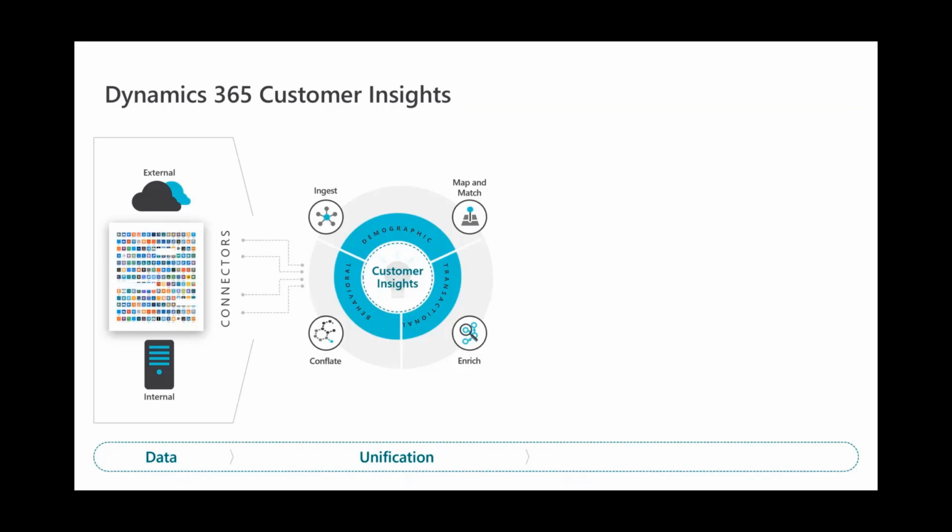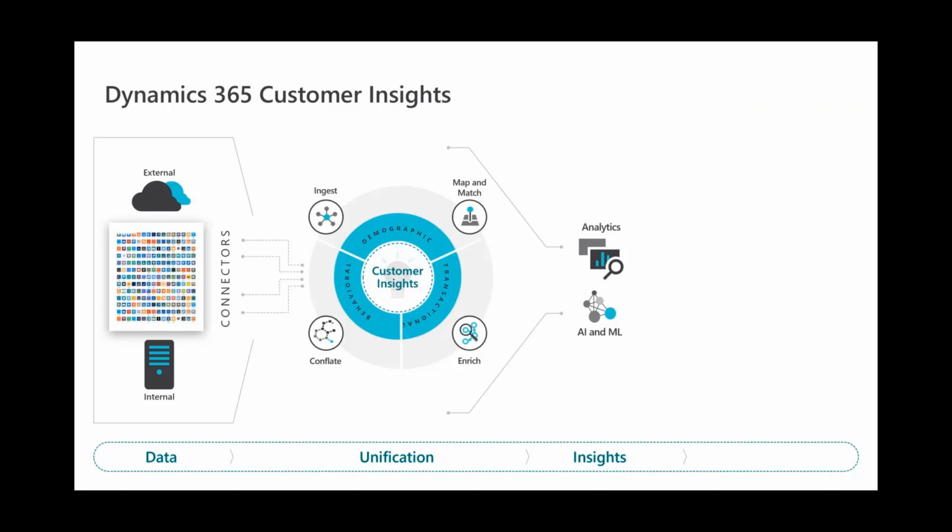That's the unification process. After that's done, it runs more AI and provides insights. The insights are nothing but your KPIs. Like I want to measure customer lifetime value, or I want to measure what is the churn risk, which is a model that businesses want to know: when am I going to lose this customer?